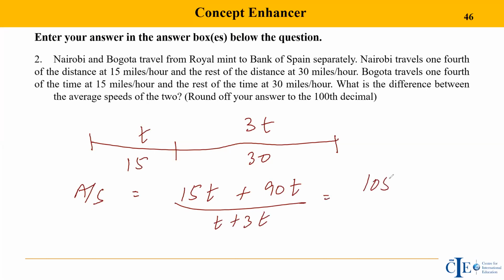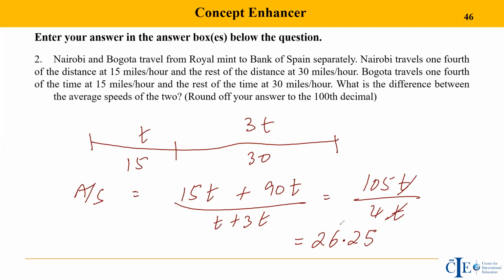So 105t over 4t. The t gets cancelled. It's 105 by 4, which is 26.25. See, it's on 4, right? So it cannot be 0.333 or 0.666 recurring.